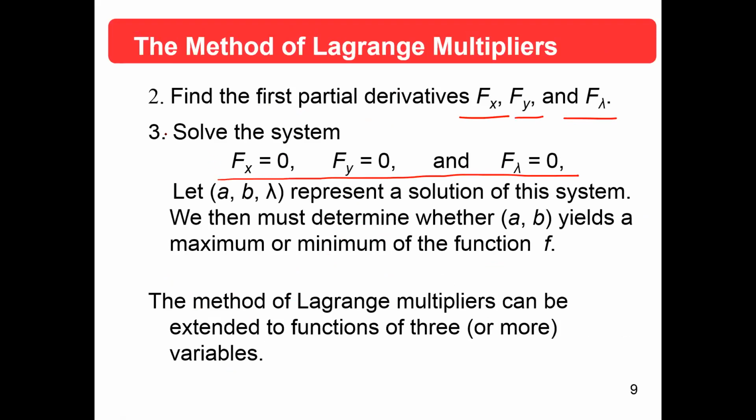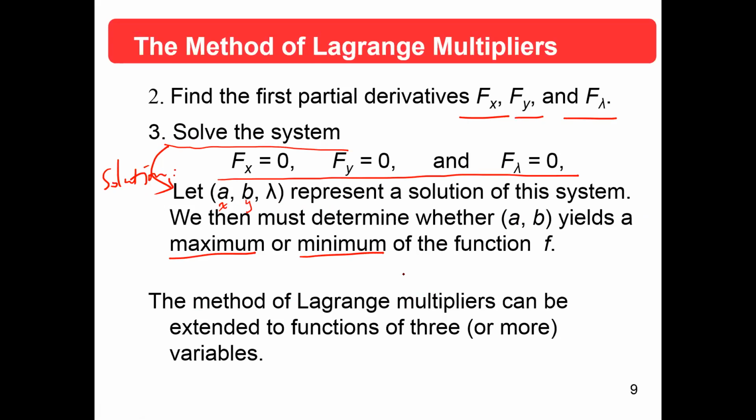And once you set them equal to 0, you solve the system. And you get the solution. If the solution is (a, b) for x and y, and lambda, then this solution would give you either a max or a min.